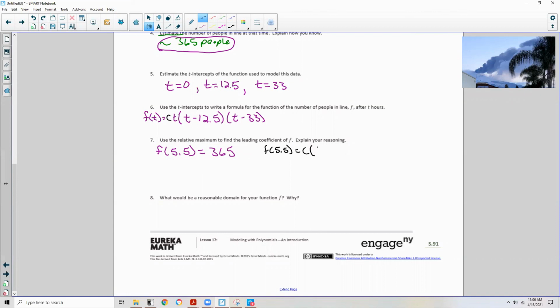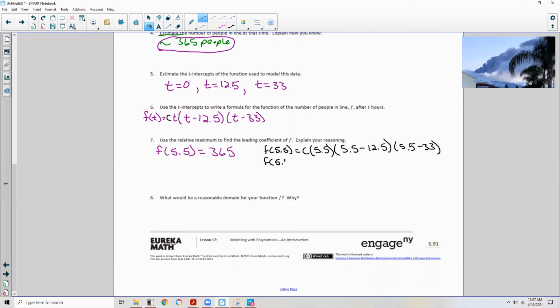So it's going to be c times 5.5 times 5.5 minus 12.5 times 5.5 minus 33. So all I did was put 5.5 here, here, and here, because t is 5.5, f of 5.5. And we know it equals approximately 365. That was my approximation. And so now we're going to finish this by simplifying.